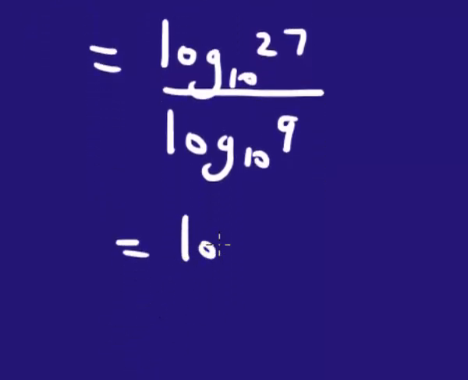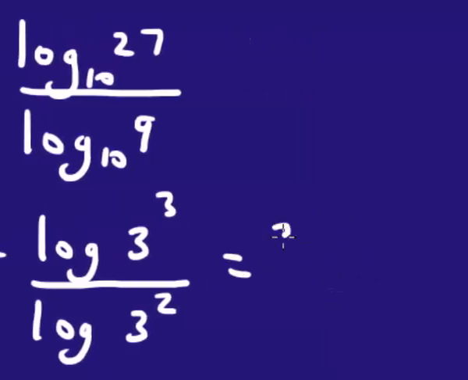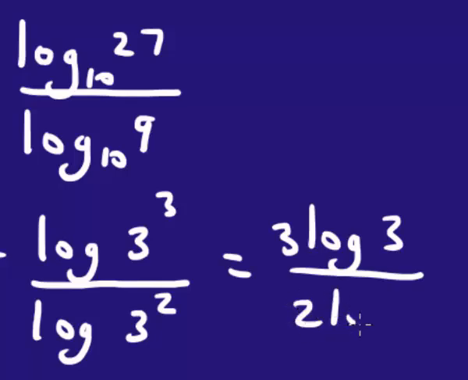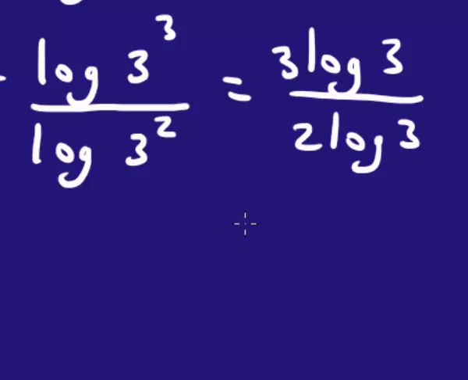Then look at this. 27 is 3 cubed, and 9 of course is 3 squared. So if you bring the 3 down, 3 log 3 divided by 2 log 3, the log 3's would cancel, and you're left with 3 over 2. There are other ways. You can change to any different base that you want. You can see in the notes that's exactly what I've done.